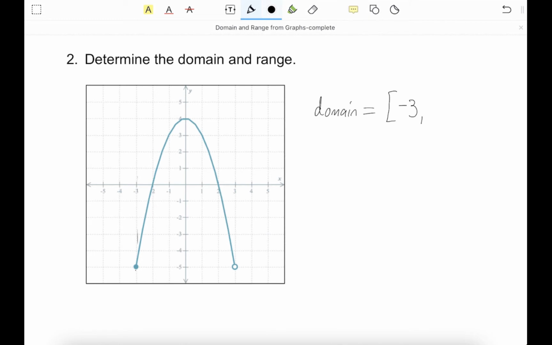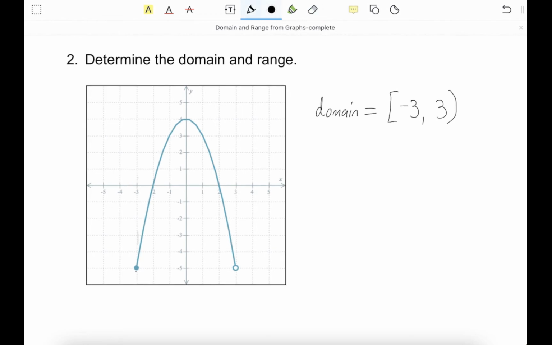The rightmost value is up here at 3, but now it's an open circle at 3, so I'll put 3, but put a parentheses here. Domain goes from -3 to 3. Include -3, don't include 3.